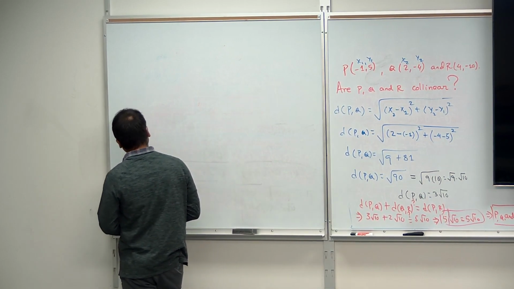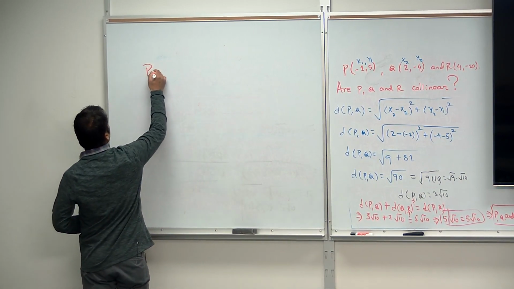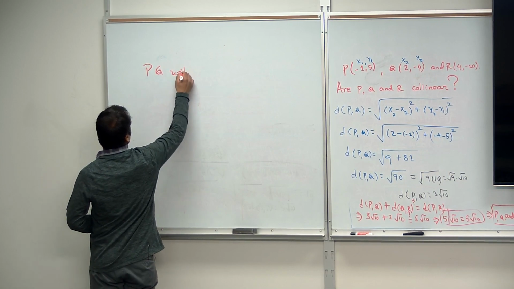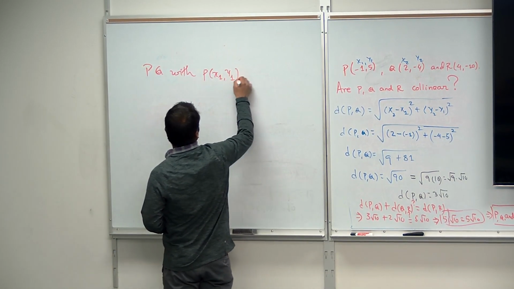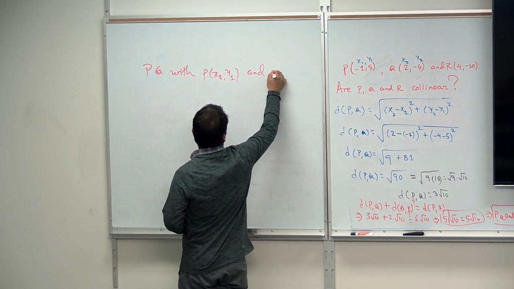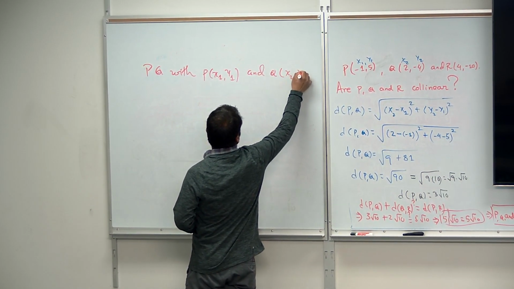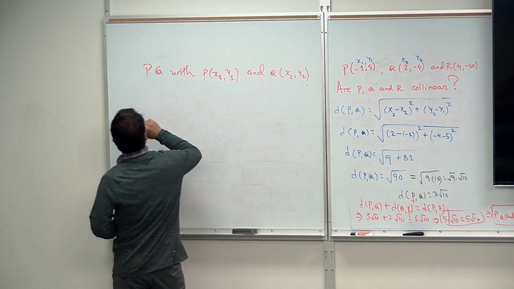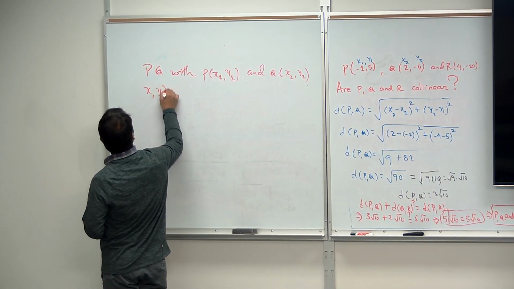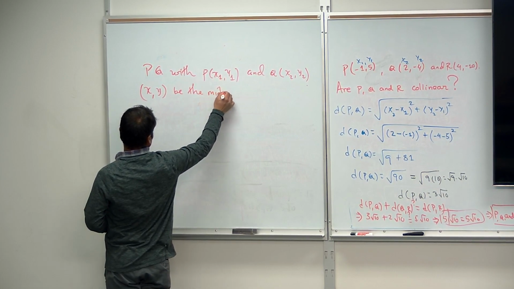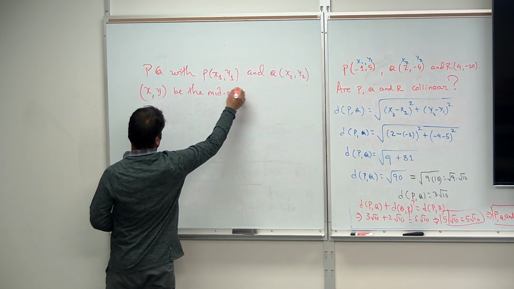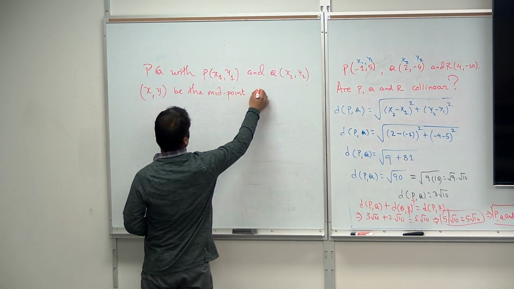So if you have a line segment PQ with the coordinates P(x1, y1) and Q(x2, y2), and let's say (x, y) is the midpoint of PQ.